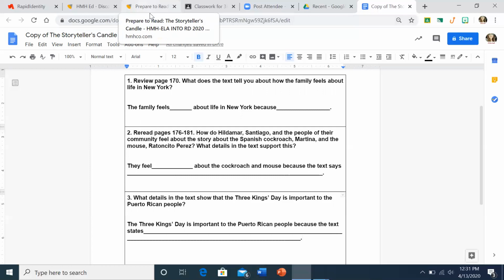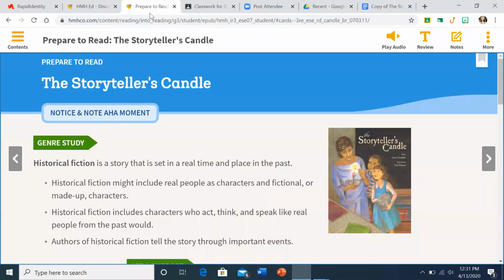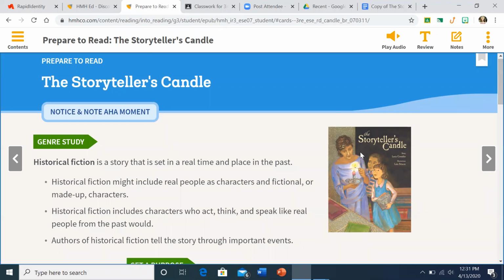So let's walk through the book, kind of make predictions as we walk through, and then that will be the end. Okay, already on this little front cover of the book right here, I see either a mother or a grandmother, and she's lighting a candle, and then there's two little girls watching her.